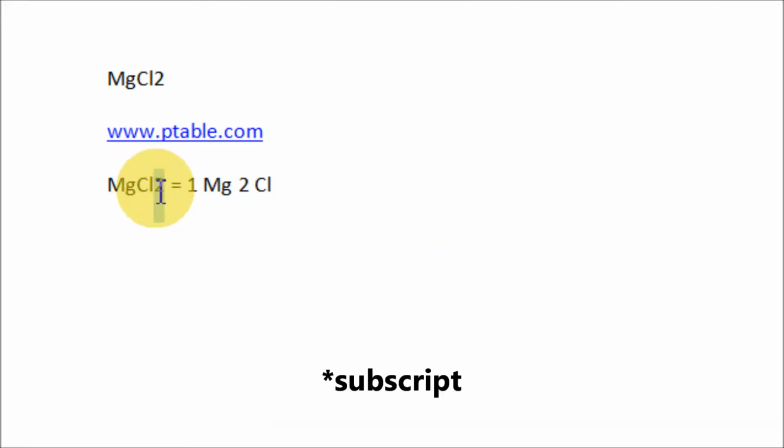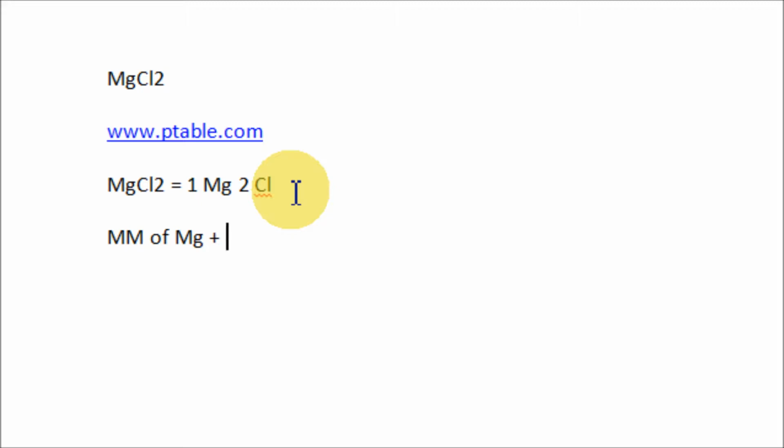If there's two elements, for example, magnesium chloride, means that there's 1 magnesium and 2 chlorine because of the coefficient. So there's 2 Cl, so what do you do now? You just take the molecular mass of Mg plus 2 times the molecular mass of Cl. And that gets you the molecular mass of MgCl2.